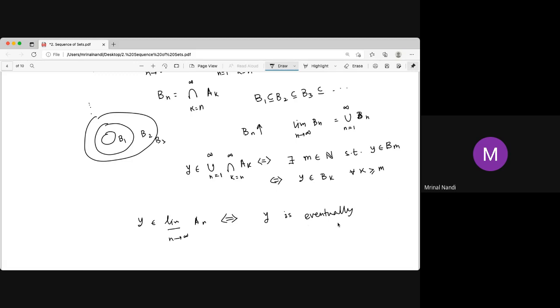It's called eventually, or better language, y belongs to A_k for all but finitely many k. It is called all but finite. All but finite means all except some finitely many k.